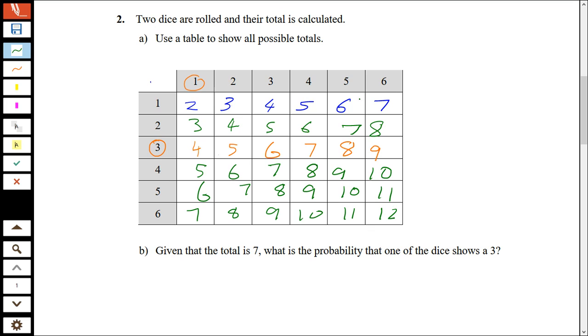Just remember it's the numbers combining together to get the totals. So 2 6s gives 12 as a total.